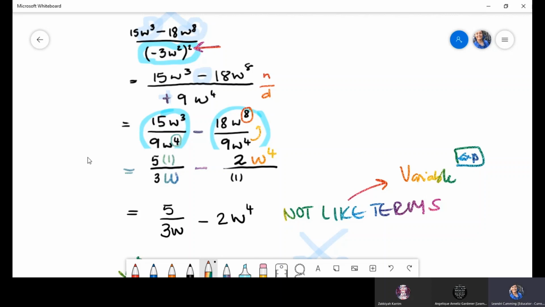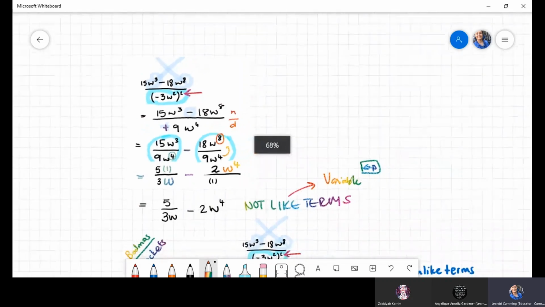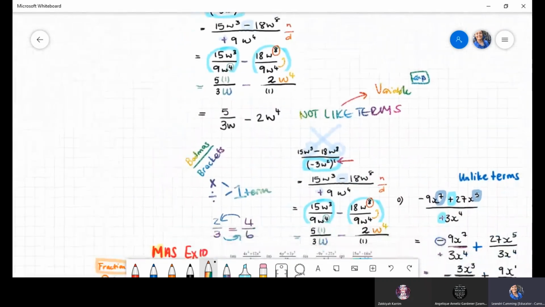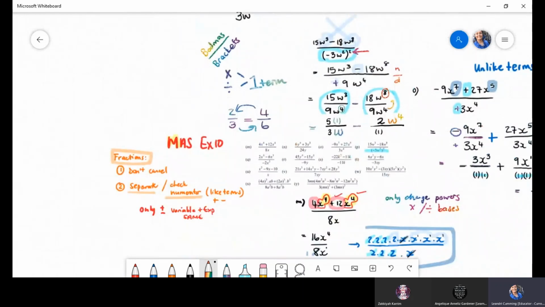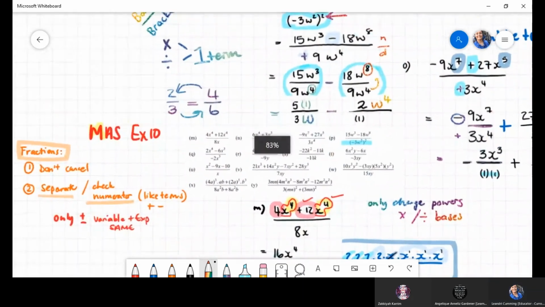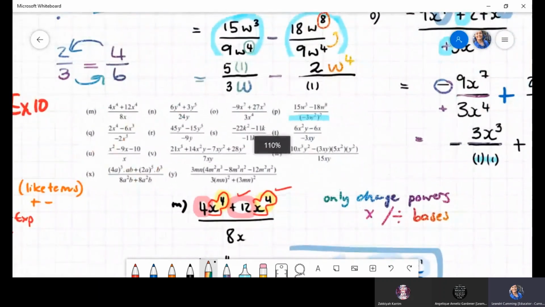Right, so very, very complicated if we do not keep track of what is like and what is not like terms. So we always need to work accurately when it comes to using those terms correctly.